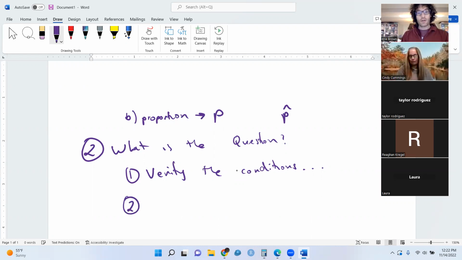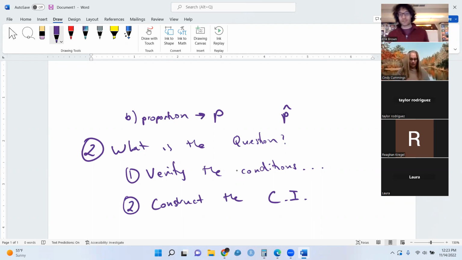Number 2, it could be construct the interval, and I'm just going to label it CI. Construct the confidence interval. That means find all the bits of information we need, smash it into StatCrunch, and it spits out the lower limit and the upper limit, right?